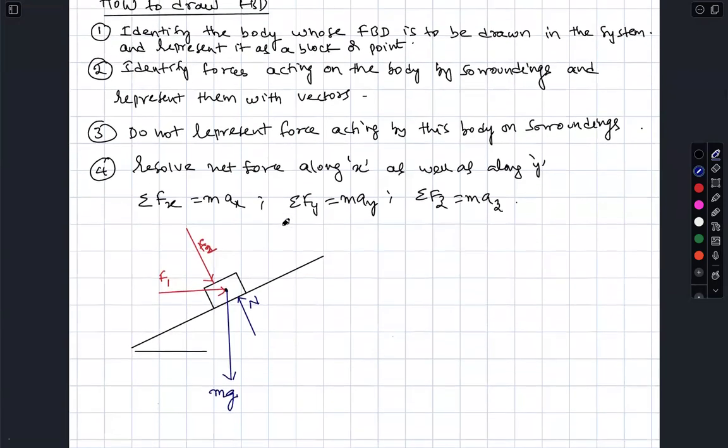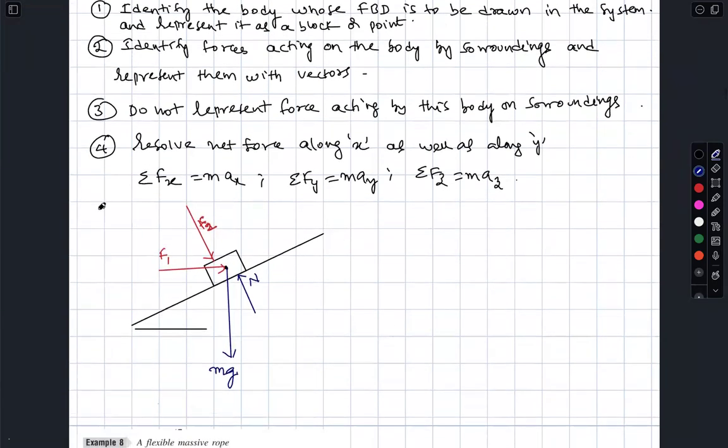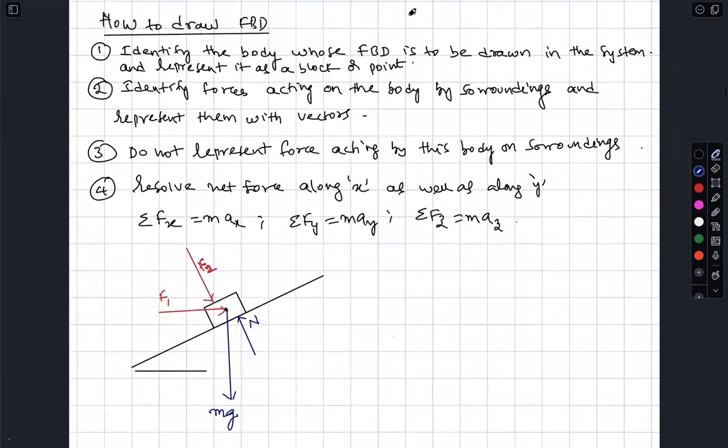Remember, I have drawn the free body diagram. This is how I have drawn it. In this case, I represent the block as a point with its immediate surroundings.